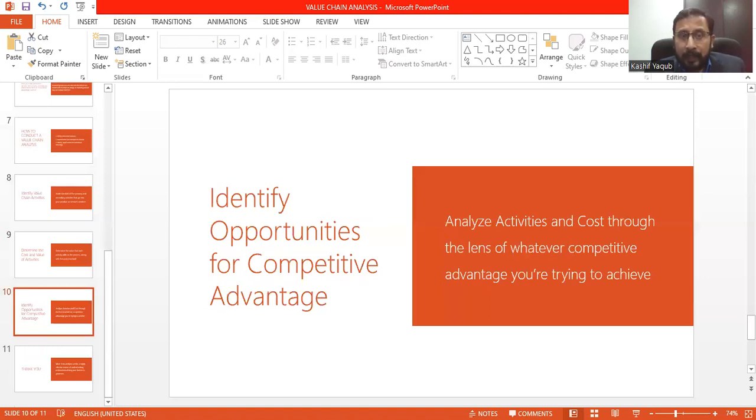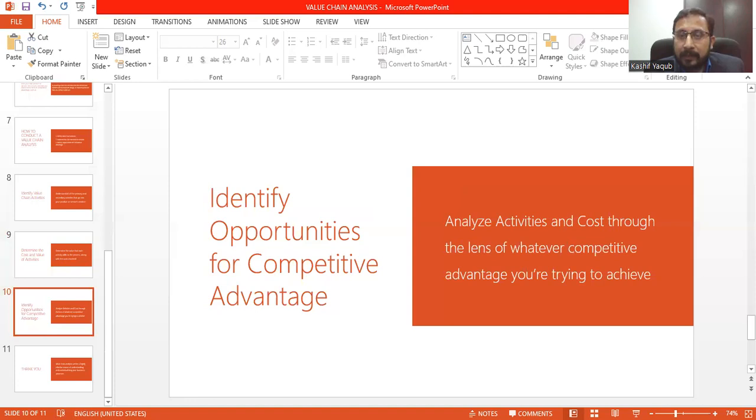Once you have compiled your value chain and understand the cost and value associated with each step, now you have to analyze with the lens of competitive advantage what you are trying to achieve. For example, if your primary goal is to reduce your firm's cost, you should evaluate each piece of your value chain through the lens of reducing expenses.